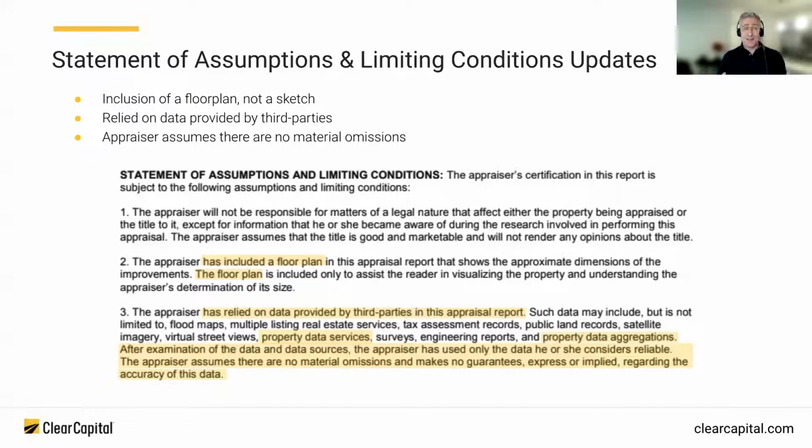The extraordinary assumption is kind of a nice ripcord at times when used appropriately, but the GSEs have pretty clearly stated that a data source is either deemed credible or it is not. And no more would we use an extraordinary assumption for something like an MLS listing or a public record than we would use one for any other data source. So yeah, that's just to put some clarity around that point.